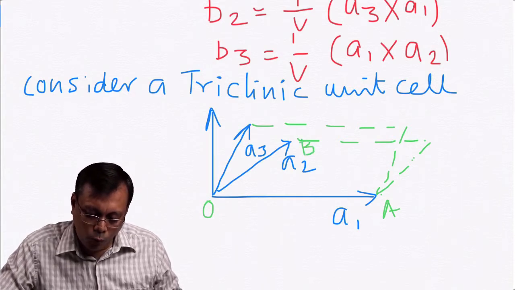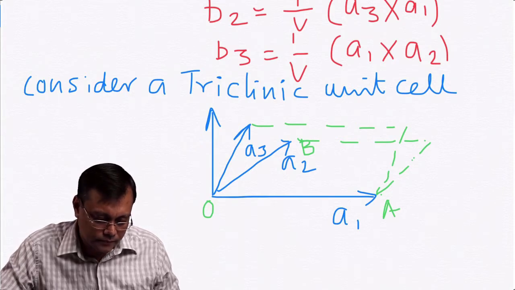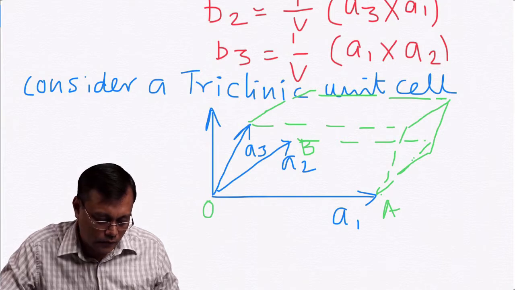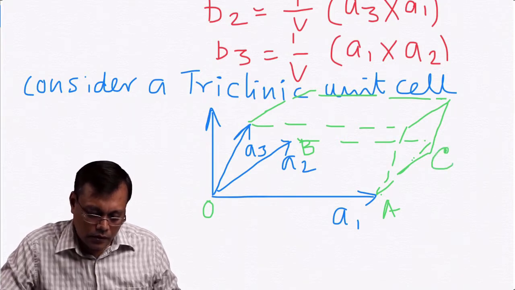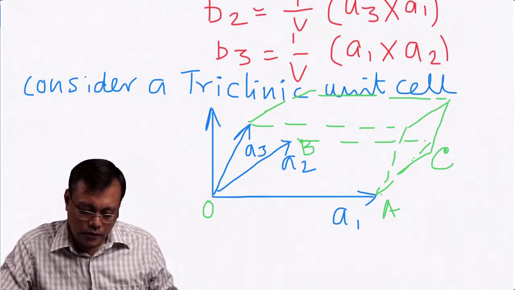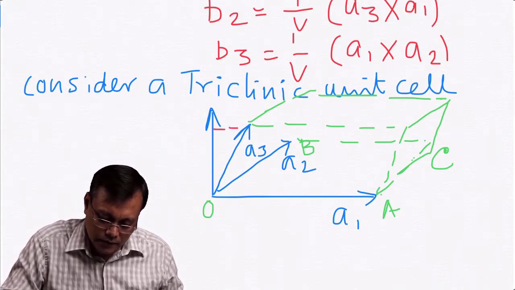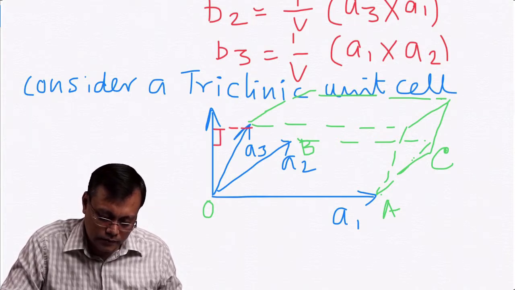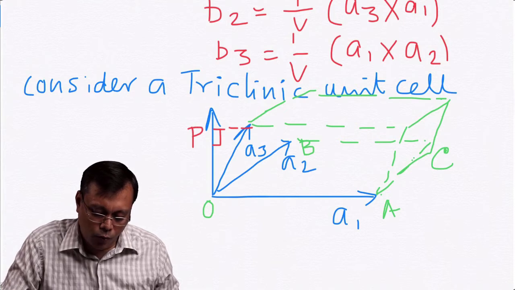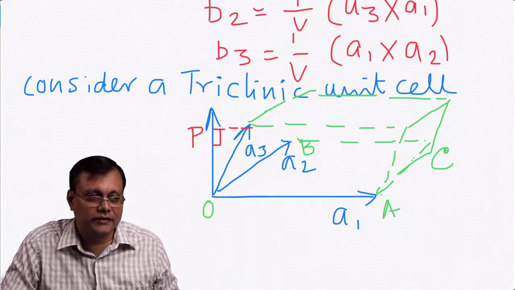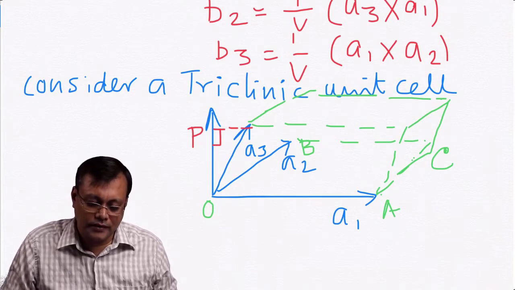A1 vector is OA, OB is the A2 vector, so from the A3 vector along the C-axis we can simply draw a perpendicular. This angle is 90 degrees, so this is OP, because at the end we need to estimate V. V is the volume of the triclinic unit cell.